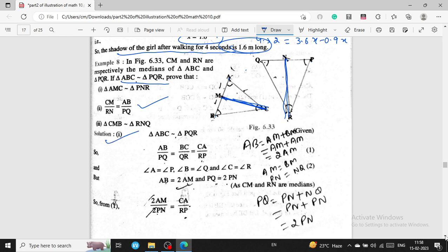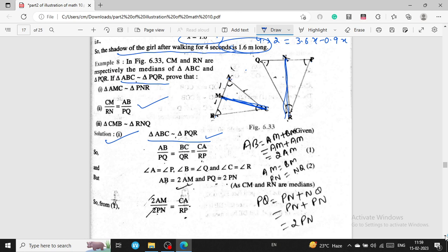For the first part, we write triangle ABC similar to triangle PQR. This statement is given in the question. This is given. If both are similar, then we can say that corresponding sides are proportionally equal.